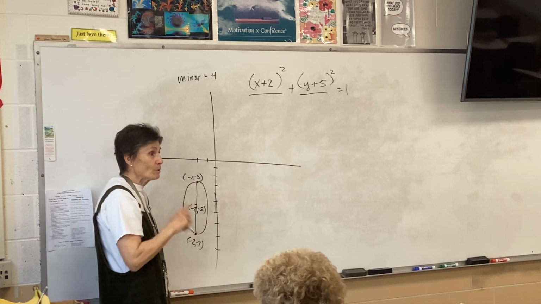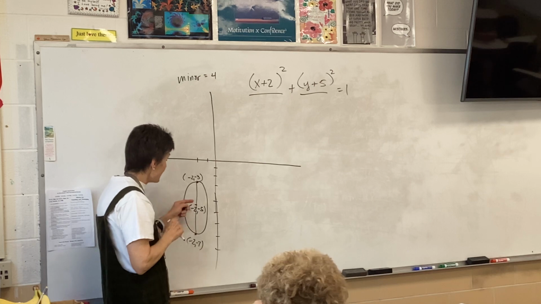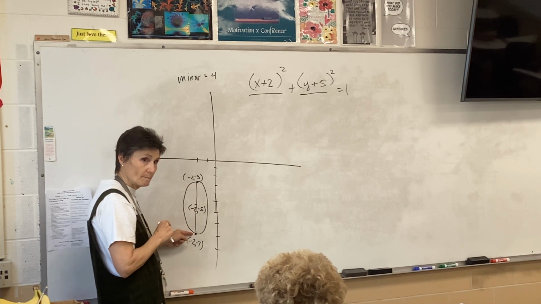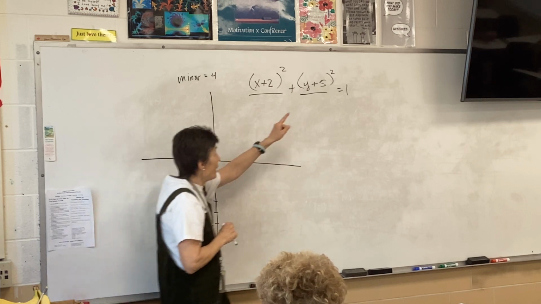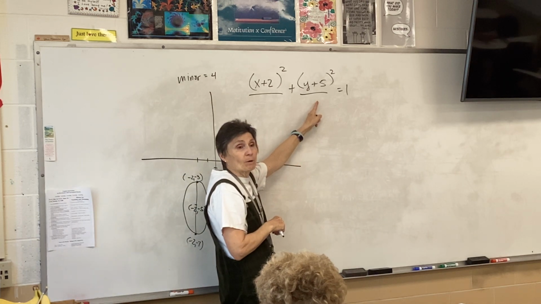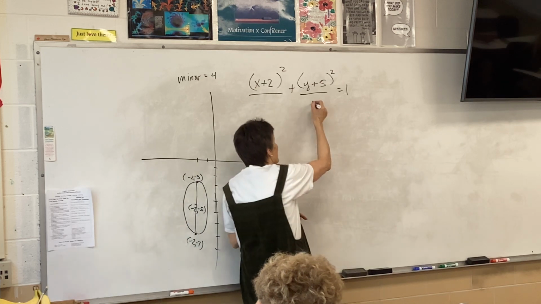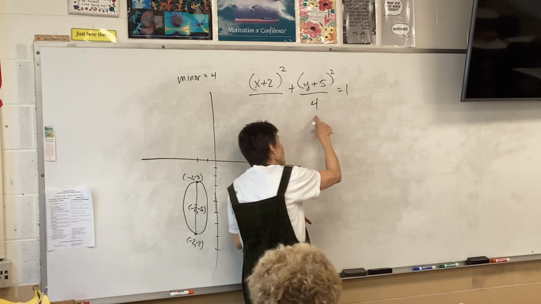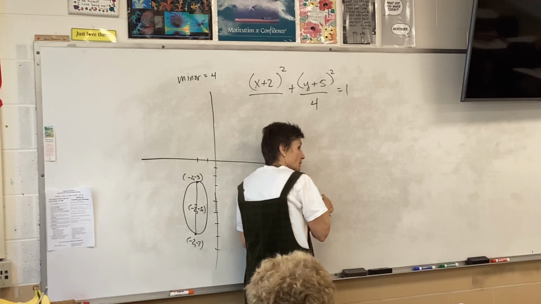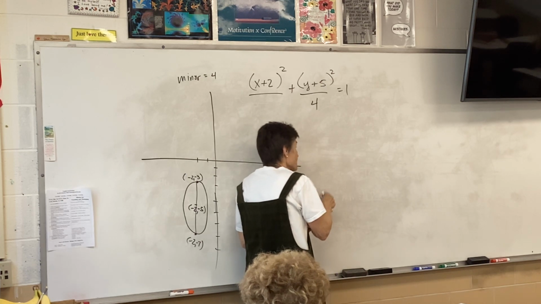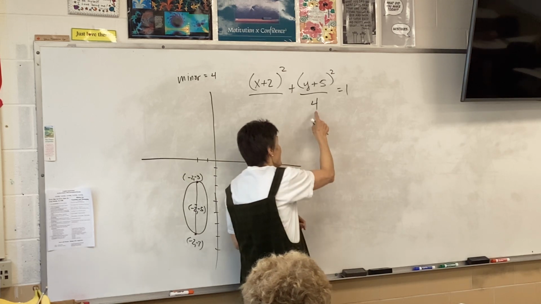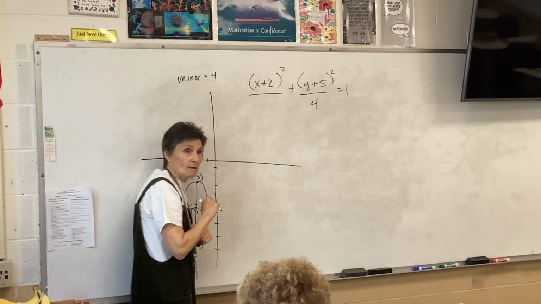Now, we kind of already found another number, because if we go up and down 2, then under the y, the up and down, is what number? 4. Because the square root of that number tells you how far up and down to go. So thinking backwards, if I go up and down 2, then that number has to be a 4.